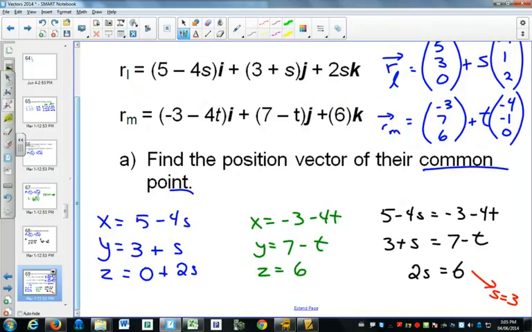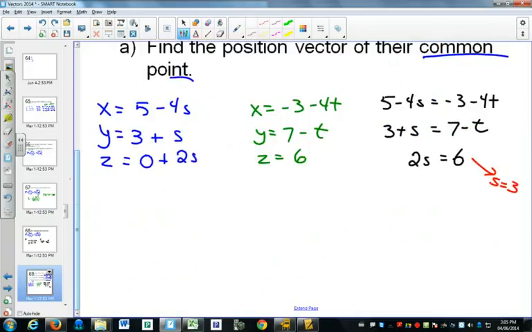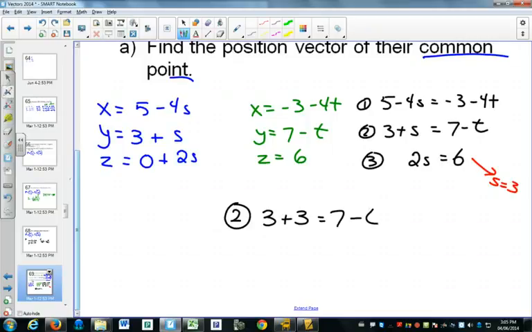If s is equal to 3, and I'm going to just number these equations, equation 1, equation 2, equation 3, if I take equation 2 and I plug in s is equal to 3, then I'm going to get t is equal to 1.